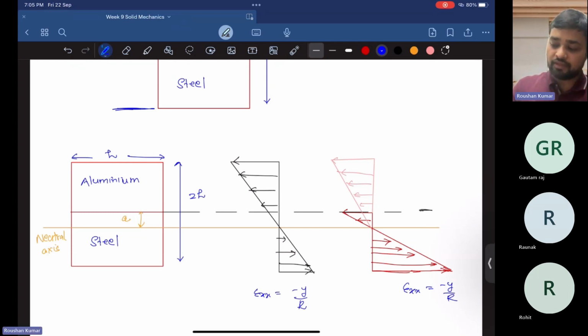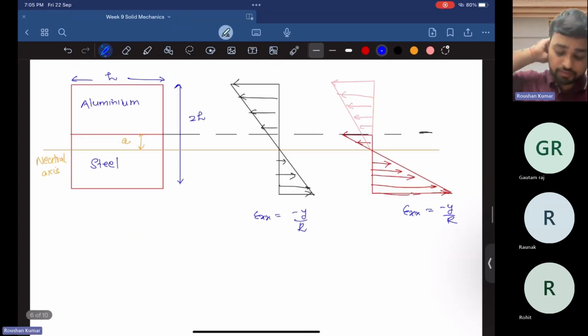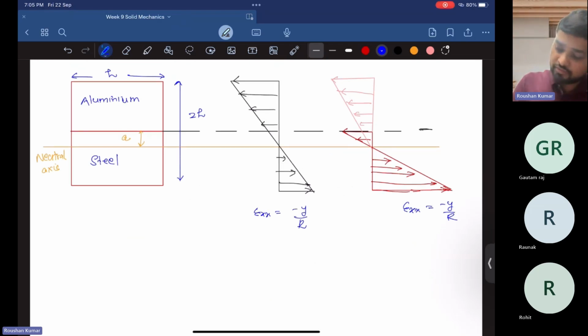So it obeys the following formula: epsilon xx is given by minus y by r, where y is the distance from the neutral axis. This is our neutral axis, and from here it is distance y.